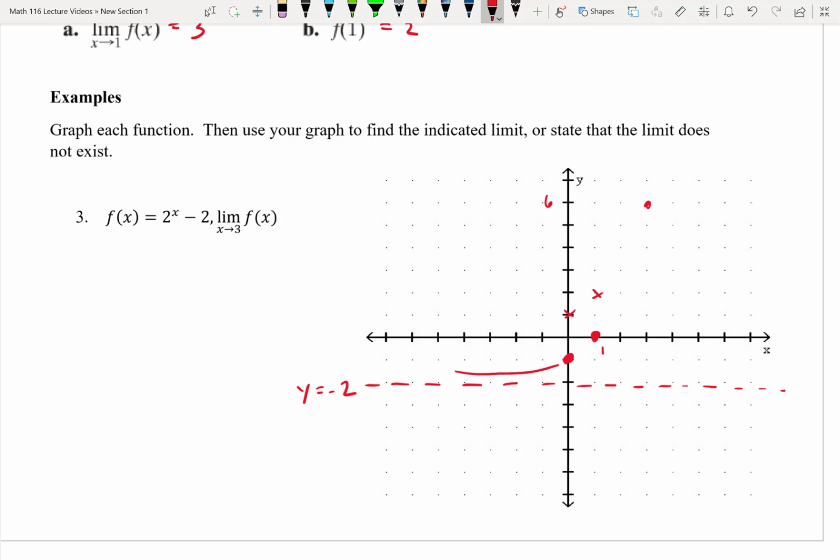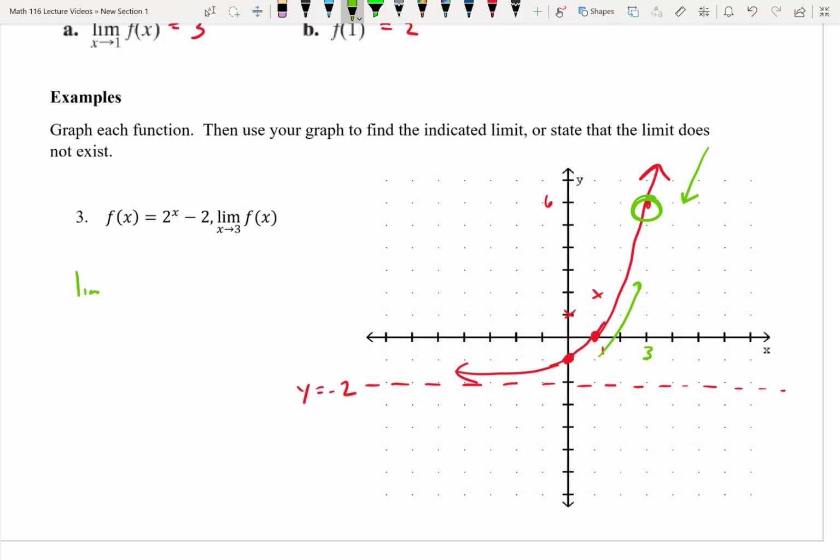So here is our exponential function graph, and we're looking to see what happens as x gets closer and closer to 3. So as we come in to the left of 3 and the right of 3, the graph is getting closer and closer to 6.